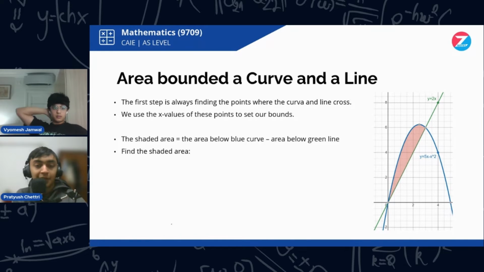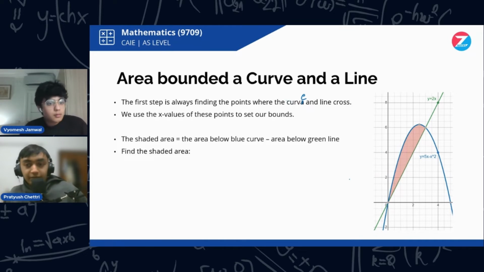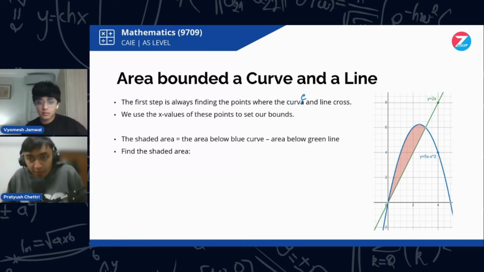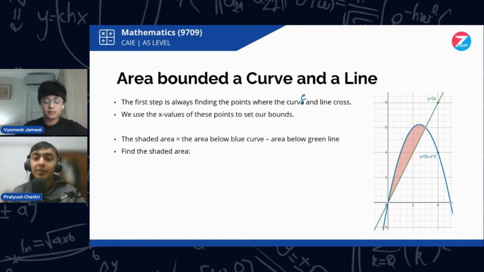Here's another kind. They might ask you for the area between a curve and a line. In these situations, the first thing you want to do is find the bounds. You can find the bounds by seeing where the lines cross. Here it's straightforward, I can just look at the graph. But if you don't have the graph, you simultaneously solve.